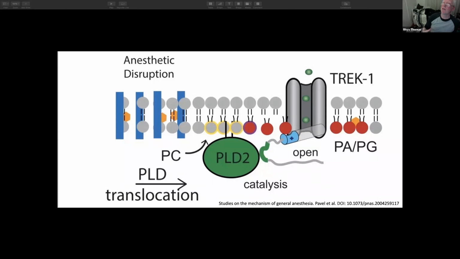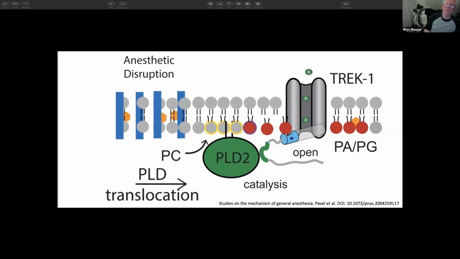Anything that hyperpolarizes the membrane is going to make it less easy to depolarize and trigger an action potential. So it's plausible that this could be a mechanism for how general anaesthetics induce anaesthesia. And it's probably not the only one, and the authors say that.